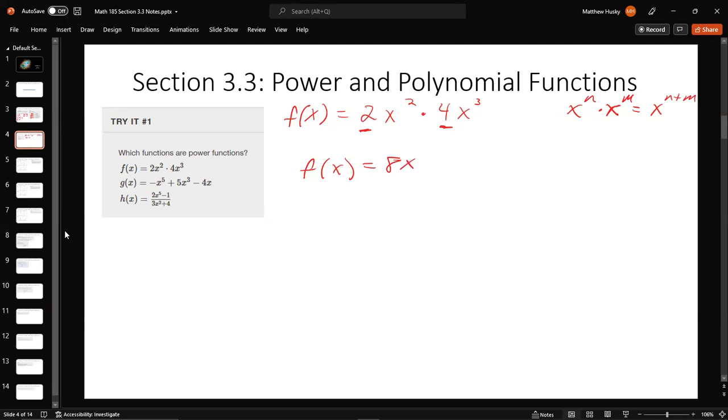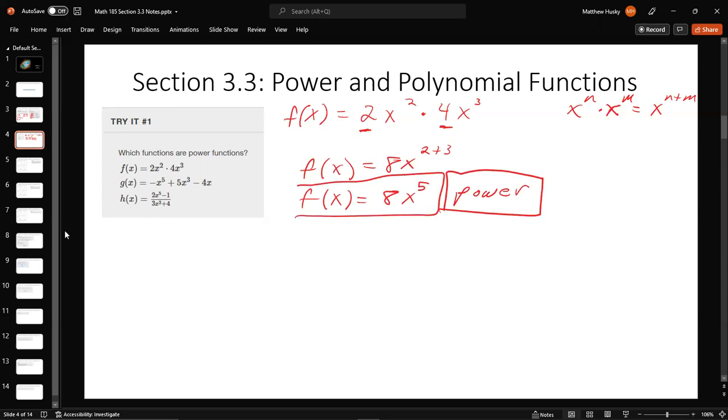So that just means we're going to do x to the 2 plus 3 right here. What we will end up with is 8x to the 5th. And guess what? That is actually a power function. It has a coefficient of 8, and it's got x raised to a power, in this case, the number 5.